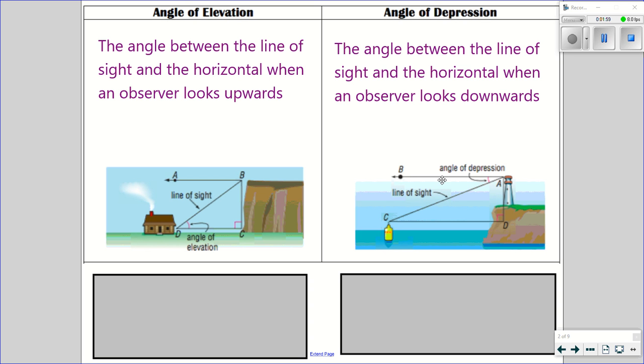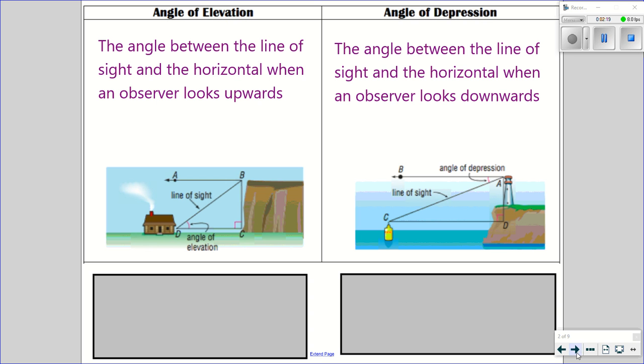You have that horizontal line and your eyesight line looking downward, and it will create the angle of depression, from where your eye level is to what you're looking at at the bottom.